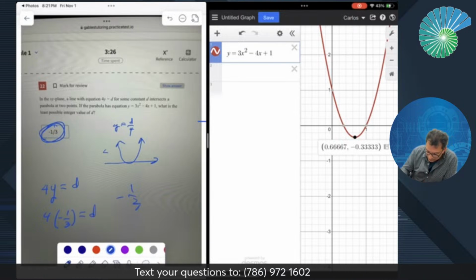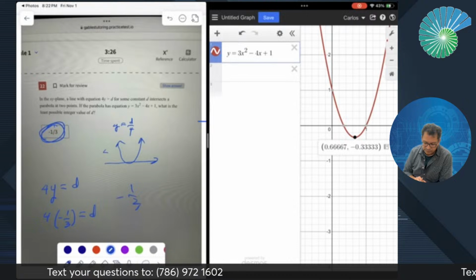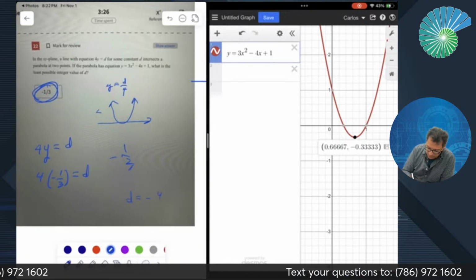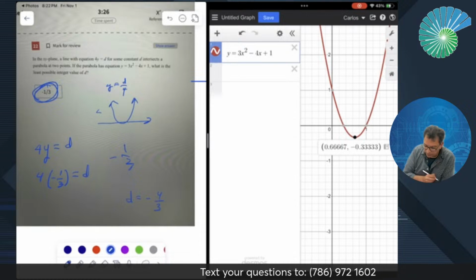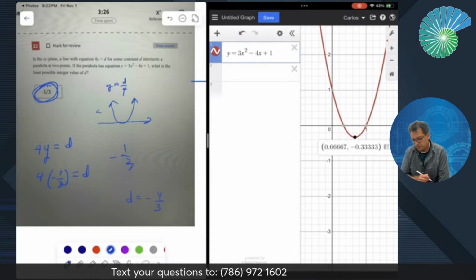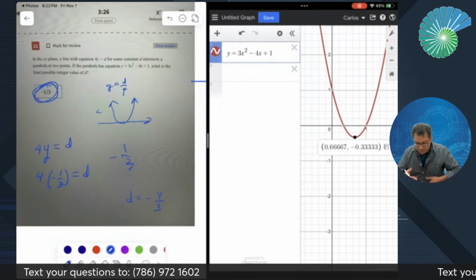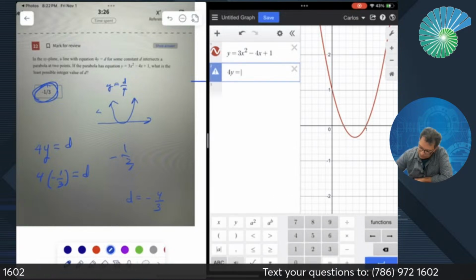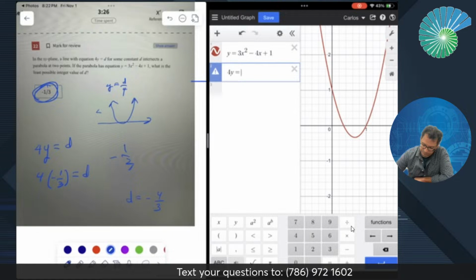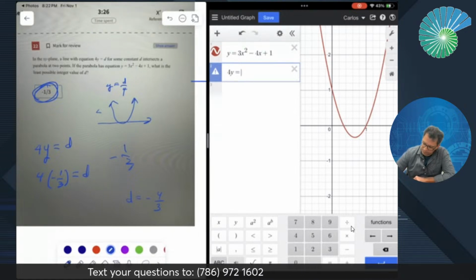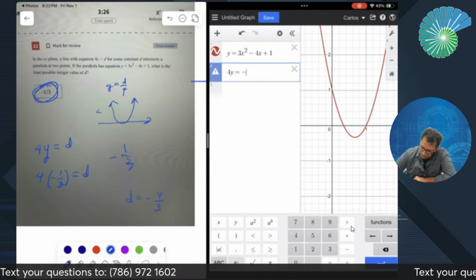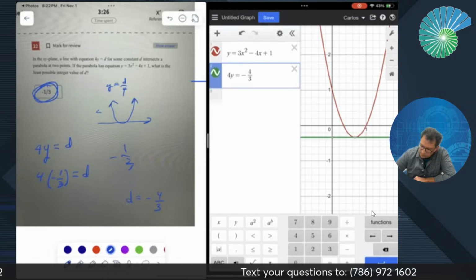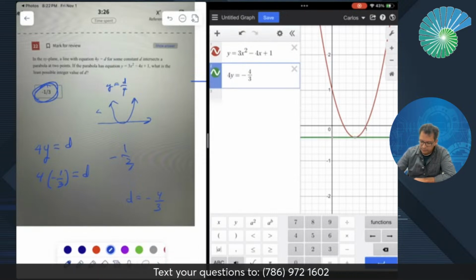And what they want is d, not y. So d is negative 4/3 at the vertex. Let me go back here so that you can see exactly what I'm talking about. Negative 4/3. Right? Negative 4/3.